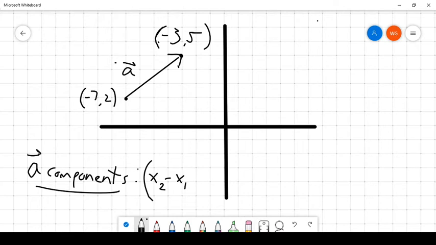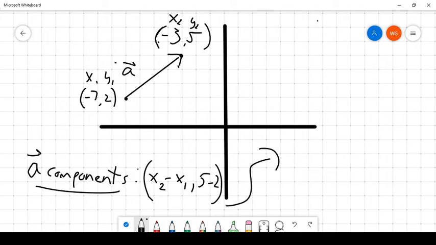So in other words, a vector starts out at x1 and goes to x2. So x1 would be its tail, and y1 would also be the y coordinate of its tail, and it goes to its head right here. So what we see here is we have x2 minus x1 comma y2 minus y1, and that will make up the components of the direction in which our vector moves.